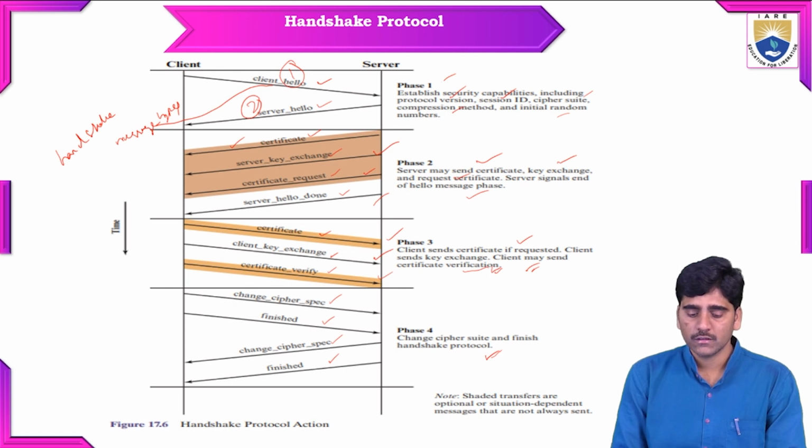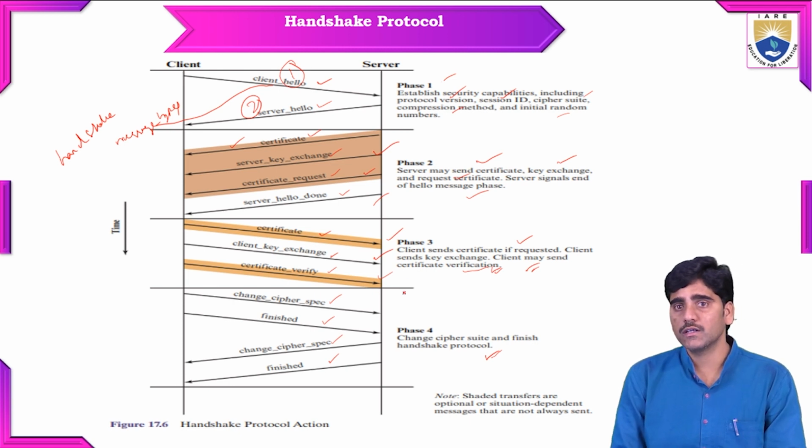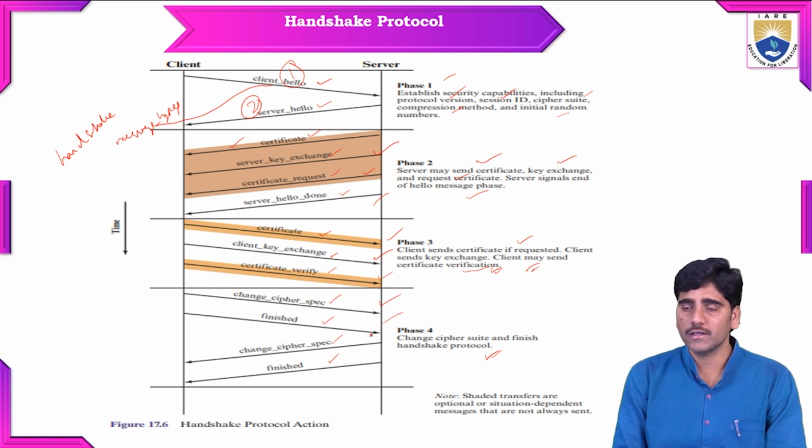And then next, change cipher spec. If you want to change the encryption keys, it is possible to change them. And the client sends finished. So I am sending my keys to you, and from my side the setup is completed.